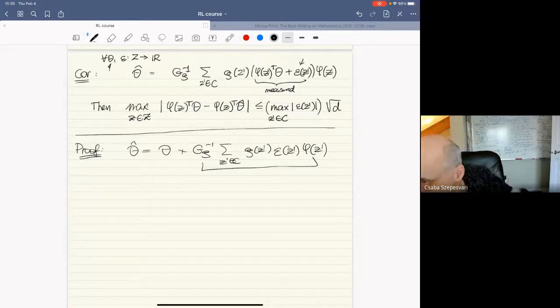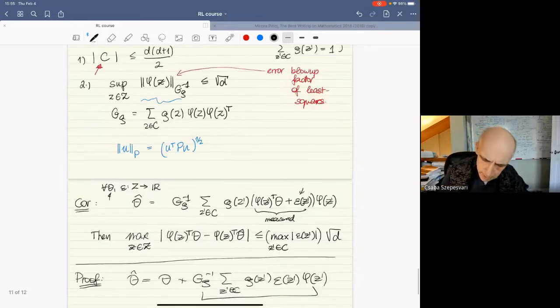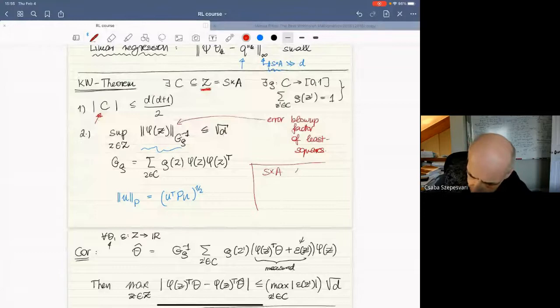So Macron is saying something about the Kiefer-Wolfowitz theorem and strong convexity. Nothing needs to be strongly convex here. There is no convexity. Everything is finite. I don't know, Macron, maybe you can clarify what you mean. Here I'm hiding one condition, which is that I tentatively always assume that this is finite.